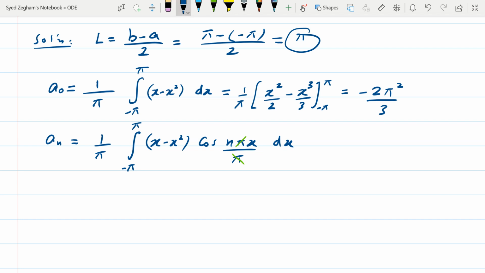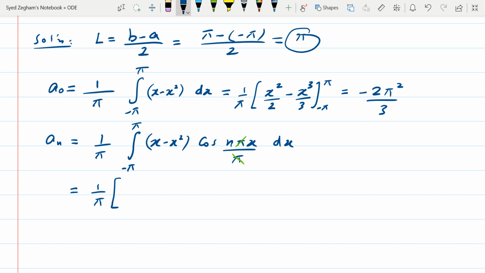Now, this is a normal integration by parts. You know how to do this. So I am writing the integral directly. I am confident that you know how to do integration by parts.